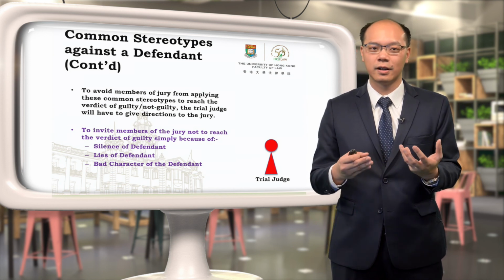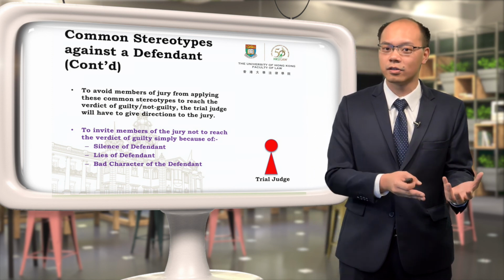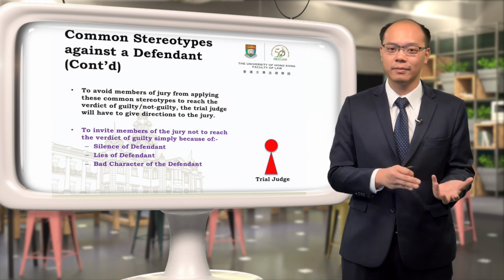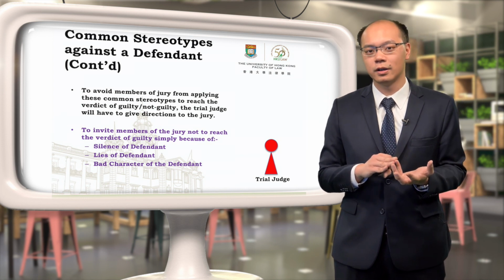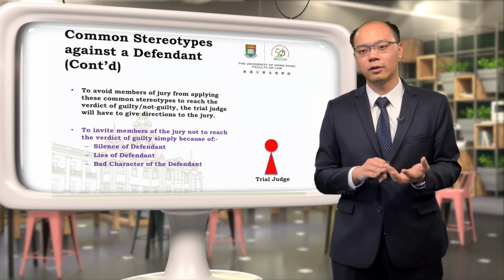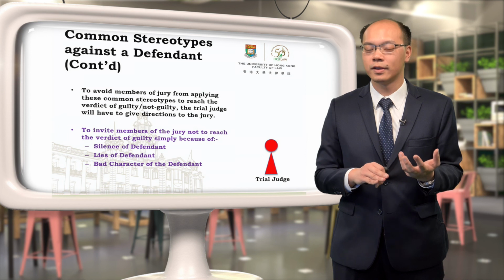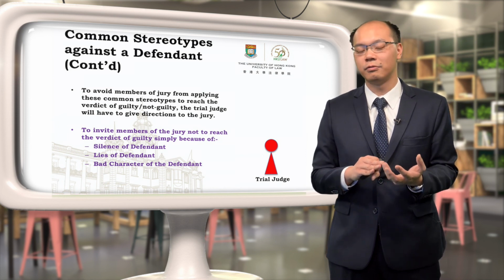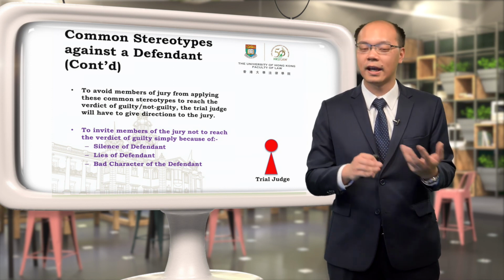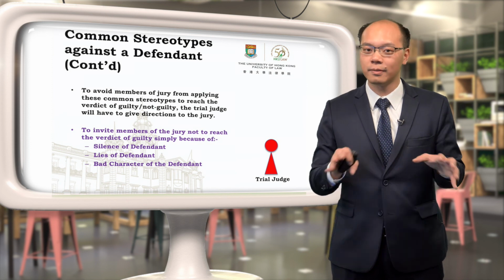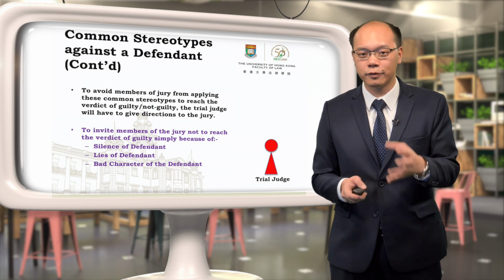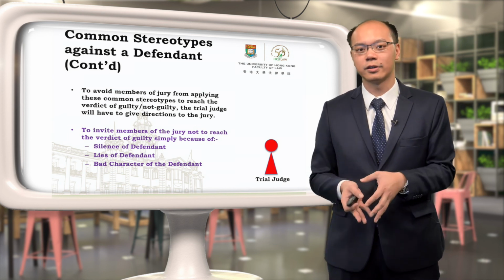So this will be some directions related to the bad character of the defendant. But at the same time, there will be some directions related to the silence of the defendant, reminding members of the jury that you cannot draw any adverse inference on the defendant just because he decided to remain silent in court or because he decided to remain silent out of court by not saying anything to the law enforcement agency. So ultimately, you have to rely on the evidence presented by the prosecution to prove those elements of offenses related to this particular case.